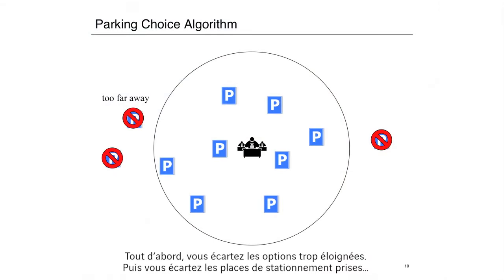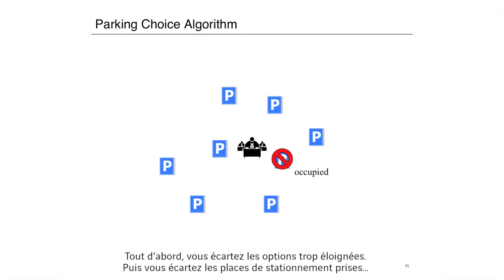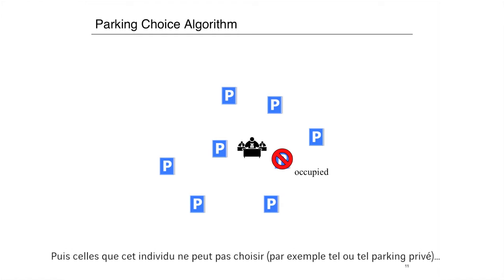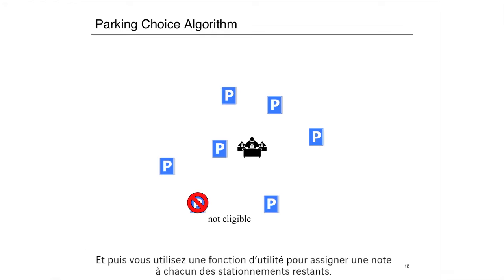So the parking choice model works as follows. First of all, you discard parkings which are too far away. Then you remove the occupied parkings. You remove the parkings which this person cannot use, for example private parkings of a certain kind.